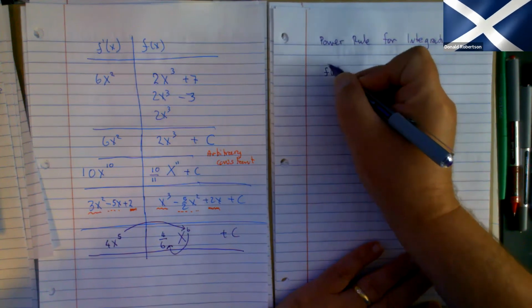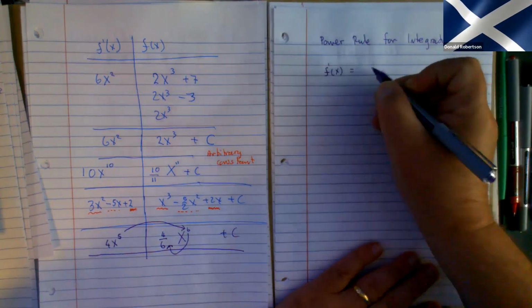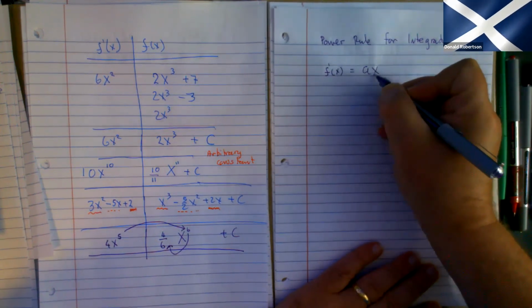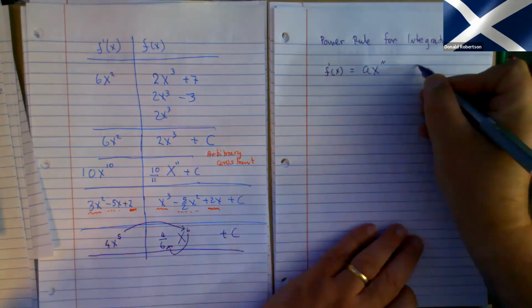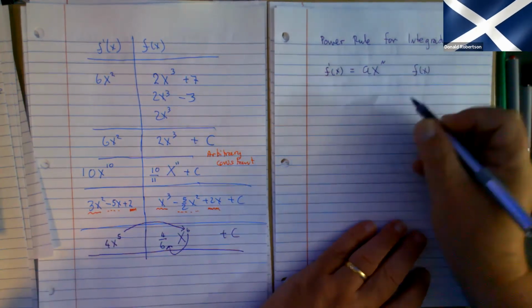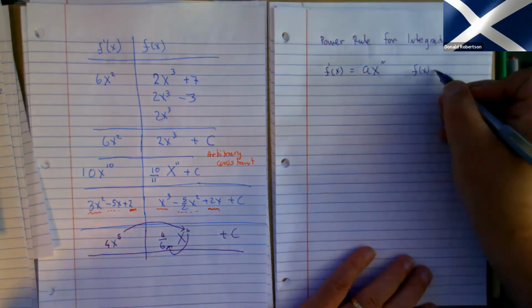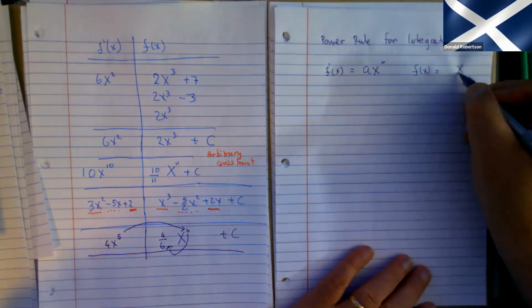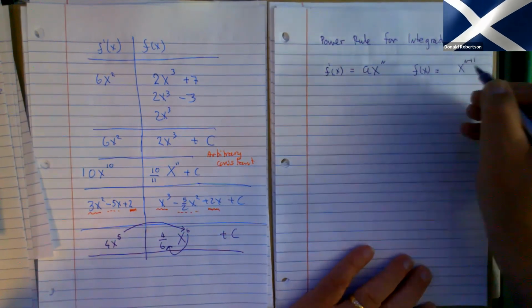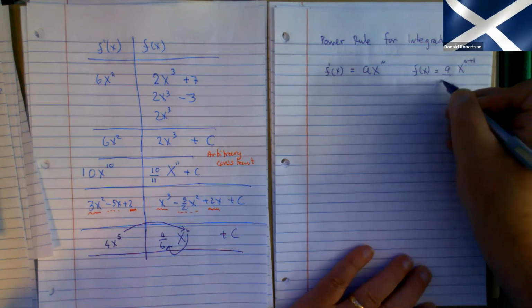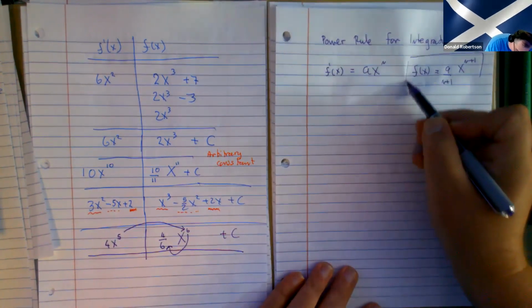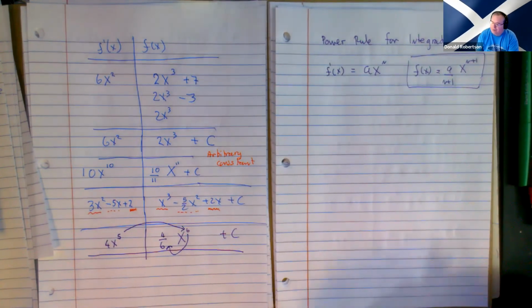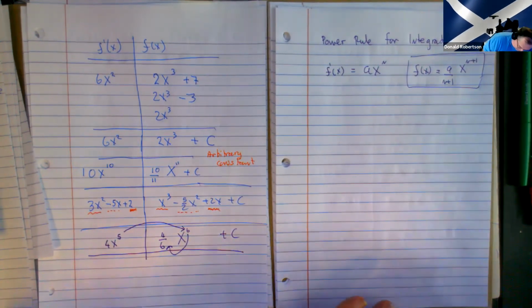If you have a function whose derivative is ax to the n, like 5x cubed, 4x squared, something like that, then the original function, the antiderivative f of x, is: add 1 to the power and then divide by the new power. So that is your undoing process. That's how you get antiderivatives.